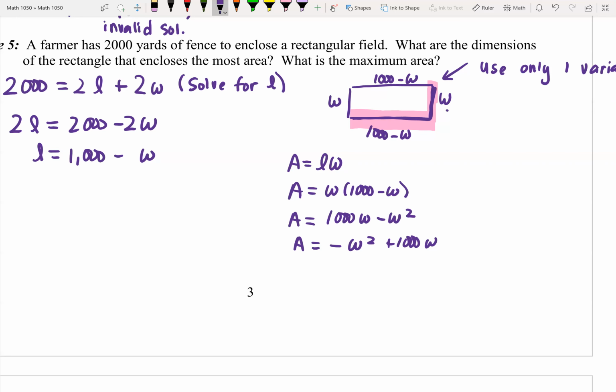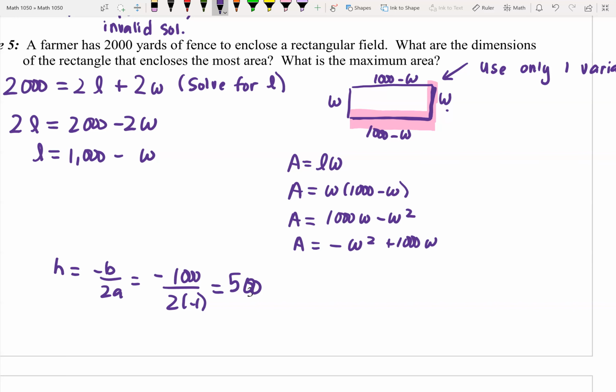It's just like the other ones. So you're trying to maximize. So you go, my H is negative B over 2A. So that's a negative 1,000 over 2 times negative 1. 2 negatives give me a positive. 1,000 divided by 2 is 500. Now, here's where people get confused.